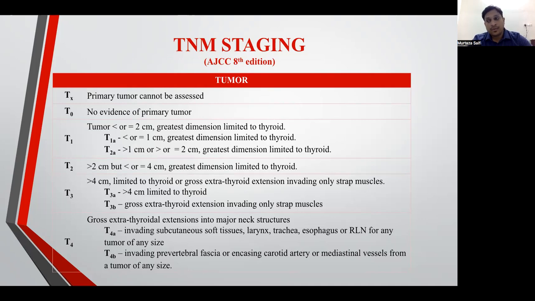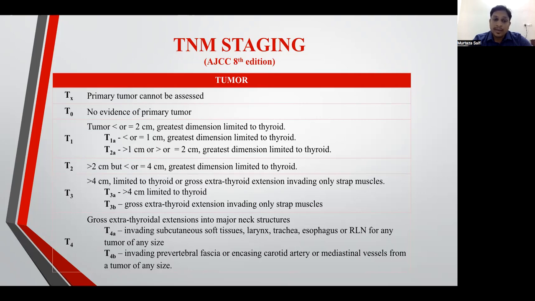Then there is T4, gross extrathyroidal extension into the major neck structures. Then T4a and T4b are there. T4a is invading subcutaneous soft tissues, larynx, trachea, esophagus, or recurrent laryngeal nerve, for a tumor of any size.